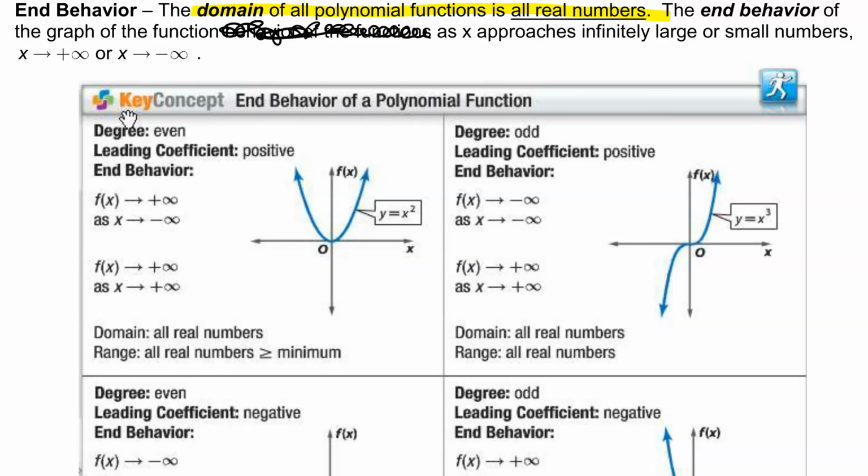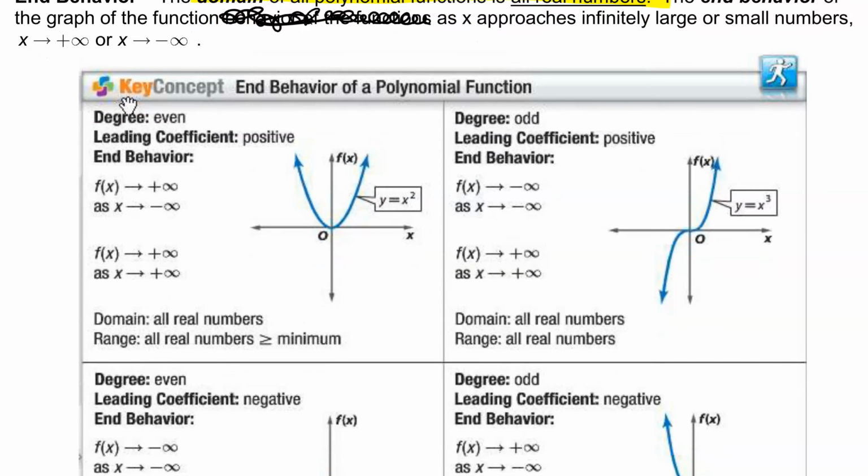Okay, end behavior. Either you're approaching as x goes to positive infinity. Which way is positive, left or right? Right. So as x approaches positive infinity, all this means is as we go to the right. As x goes to negative infinity, which way is negative?